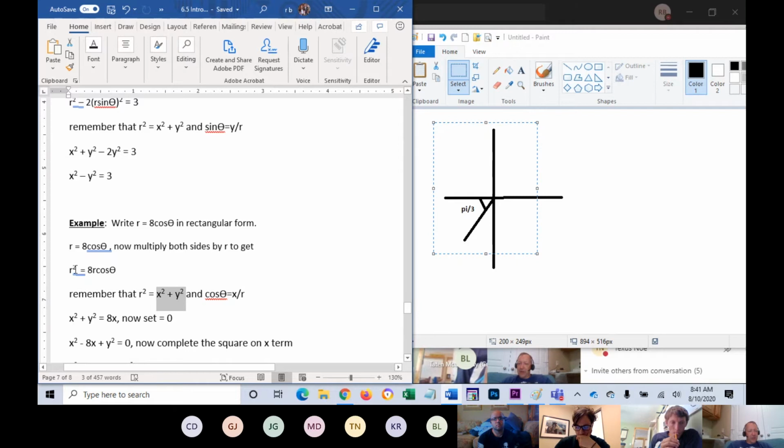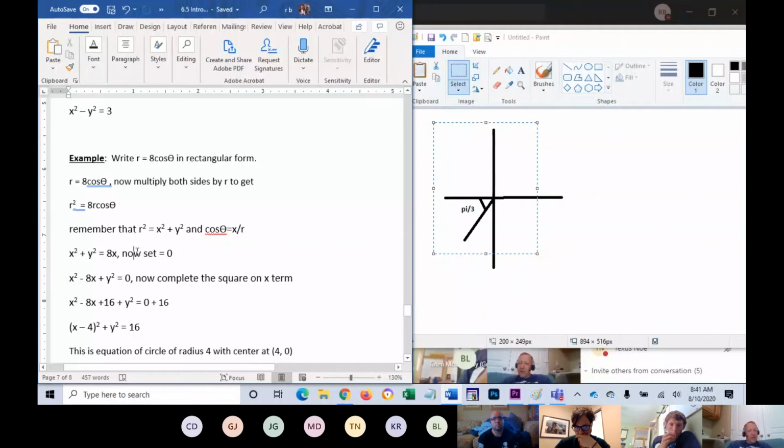So now I can substitute this right here. And we remember that the cosine of theta is x over r. And so now this r cancels that r. And I've got x squared plus y squared equals 8x. So now I can set the whole thing equal to 0. x squared minus 8x plus y squared equals 0.